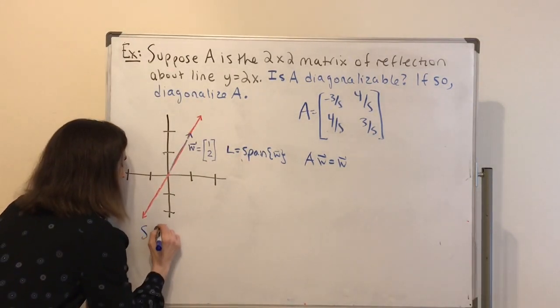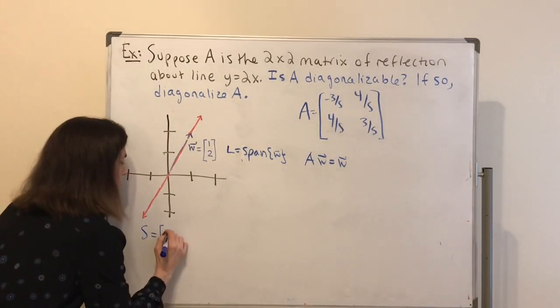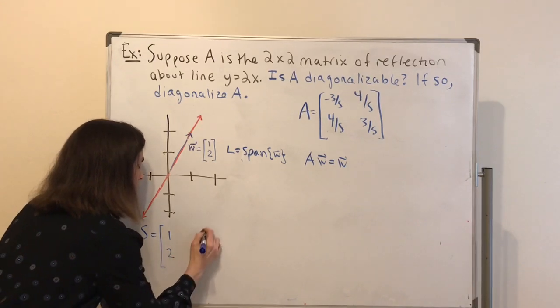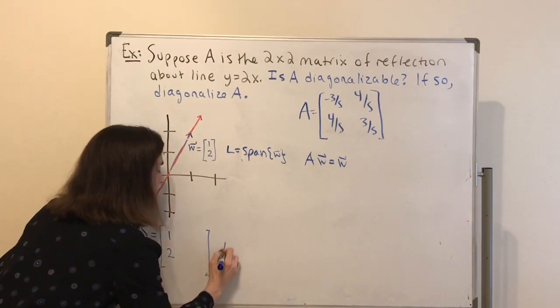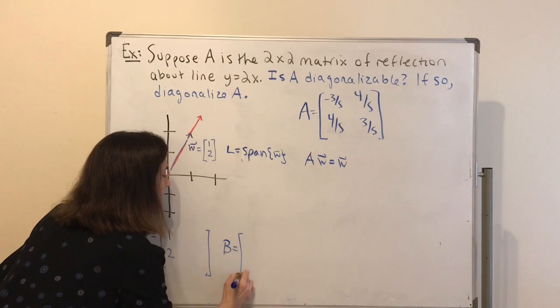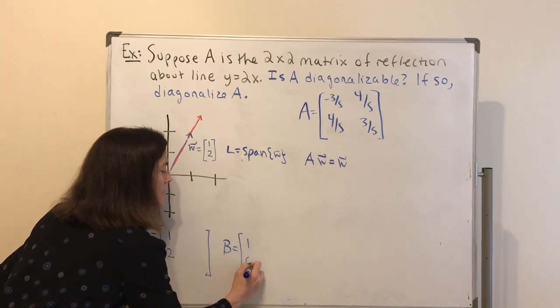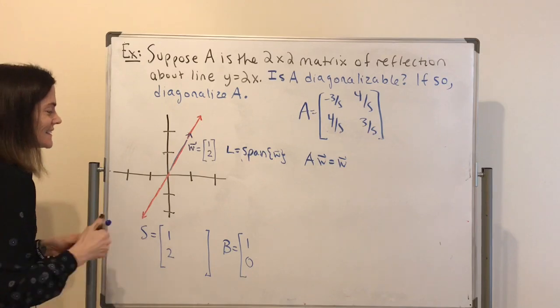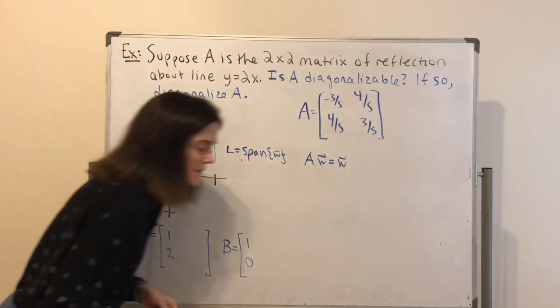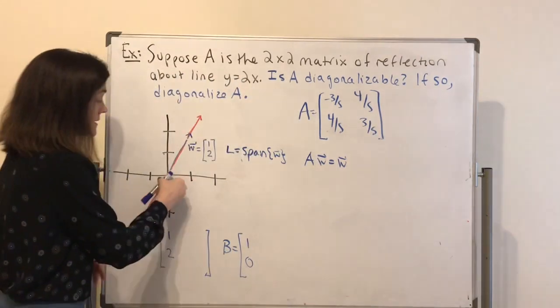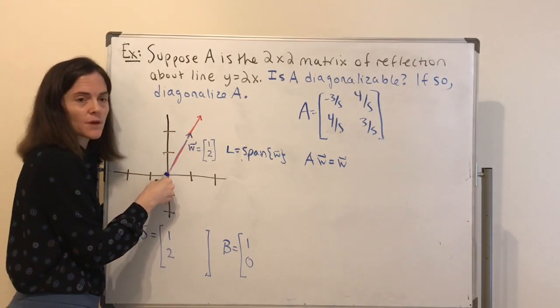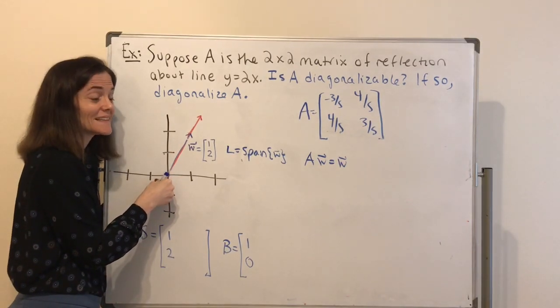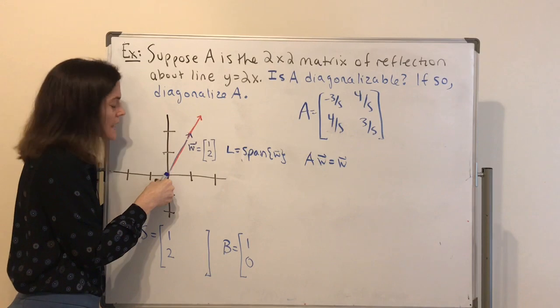So, I can put W in the first column of S, and B, this is the diagonal, I put the associated eigenvalue here. Okay, so far so good. Well, it is also the case right here. Minus W, that is also fixed, okay, because it's along the line.